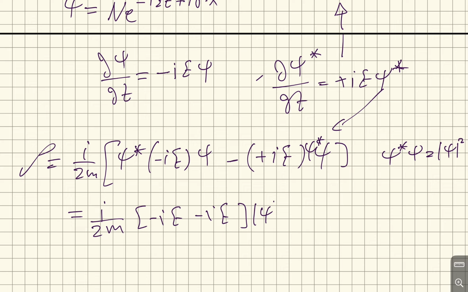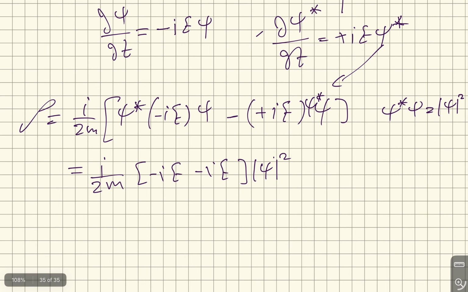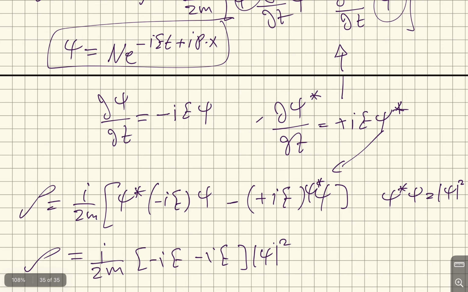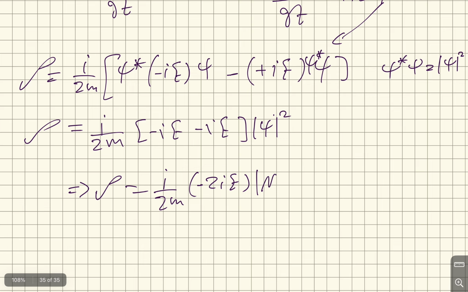So we have i over 2m times minus 2iE times the square modulus of psi, and the exponentials will cancel out, so we end up with n squared, the normalization factor.